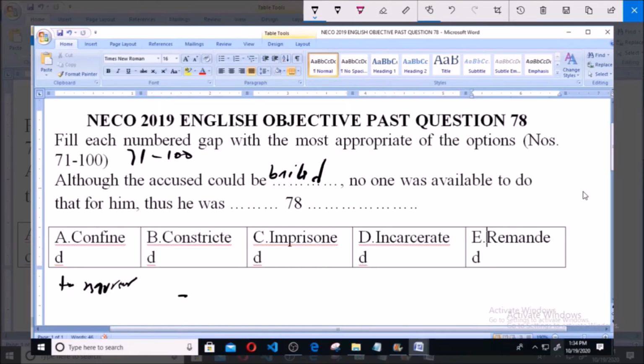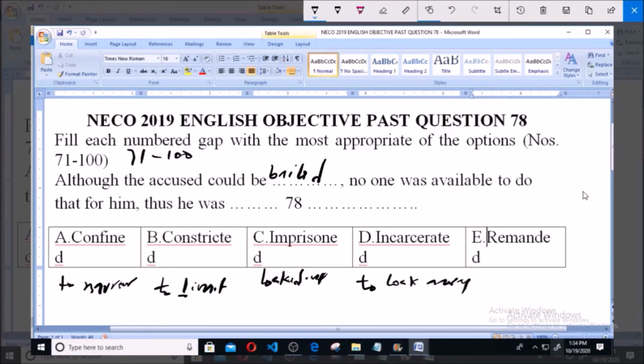Then when we talk of constrict, it means to limit. Then imprison means to lock up. Then incarcerate means to lock away.